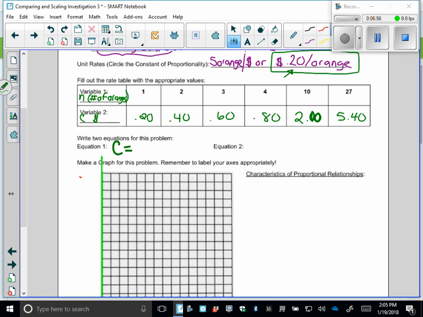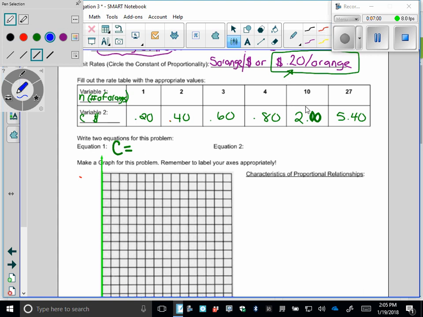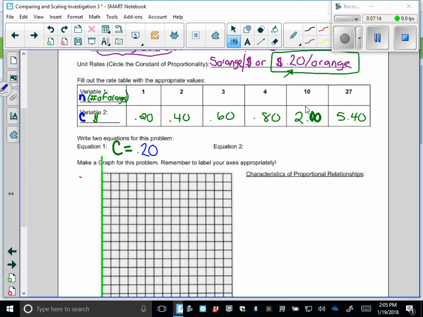Cost equals, if my variable is n, right here, you see my variable? What would cost be equal to? Yeah, 0.20. I need another variable. Yeah, times the number of oranges, so we could just put an n.